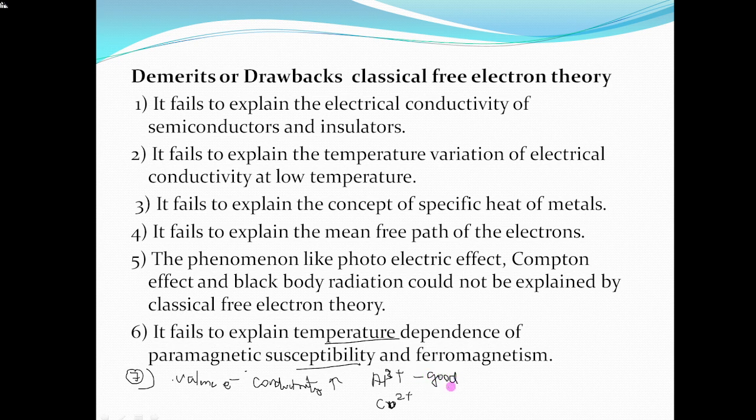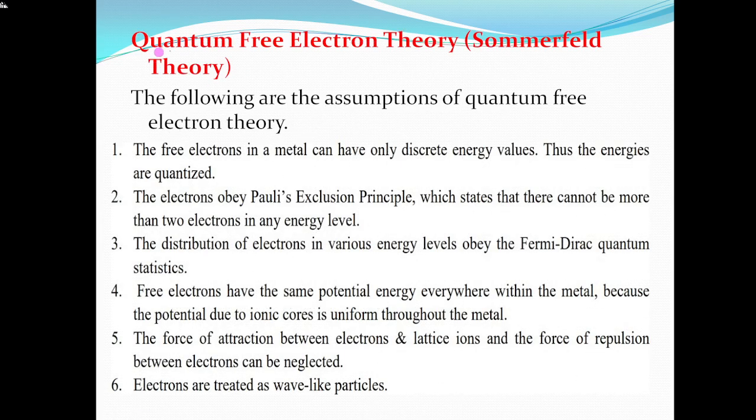Aluminum should be the good conductor. But practically which one is a good conductor? Copper is a good conductor. So this cannot be explained by classical laws. So all these experimental verifications cannot be explained by classical mechanics. So these can be modified with the help of quantum free electron theory. This quantum free electron theory, we also call it Sommerfeld theory.